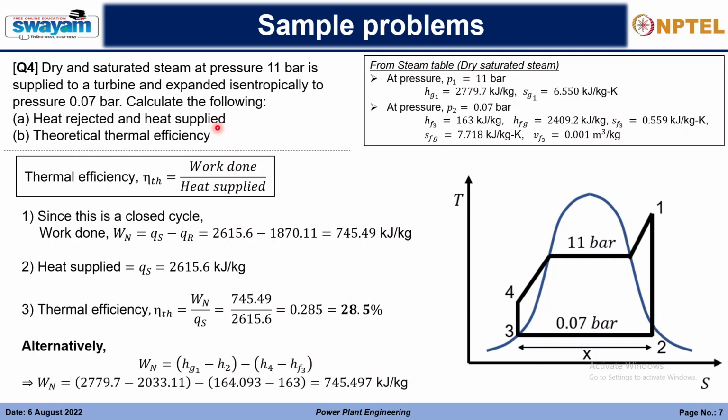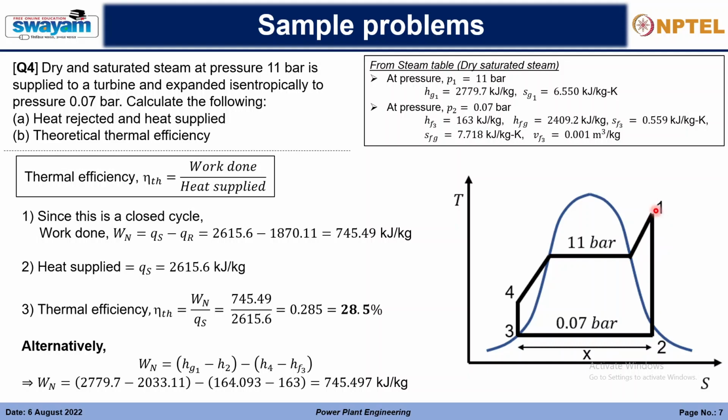Alternatively, we can do this: the amount of work done will be the difference between the turbine output and the work supplied to the pump, right? So this is the turbine output, work done by the turbine, and this is work done on the pump. So we will subtract these two values.